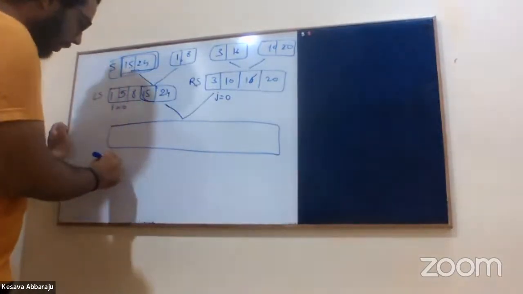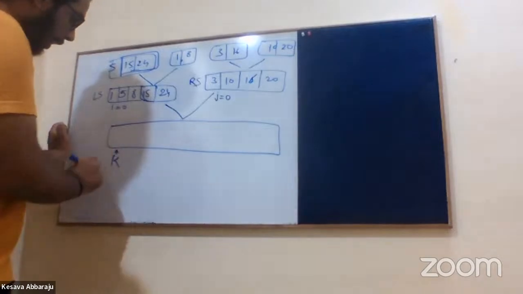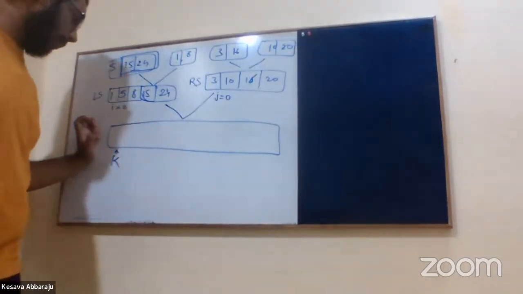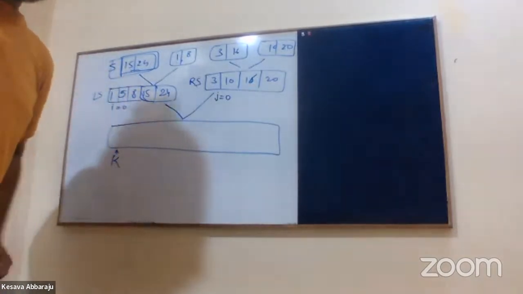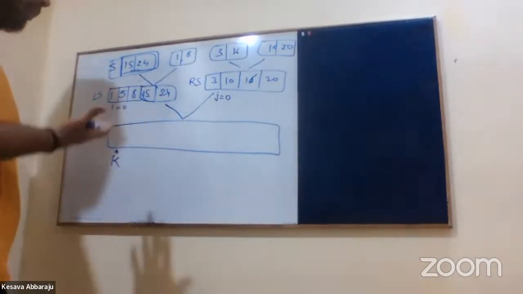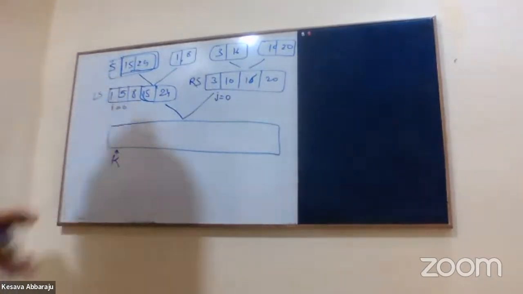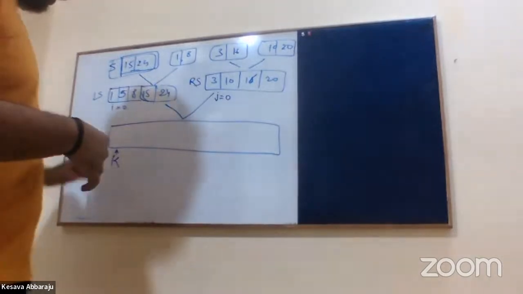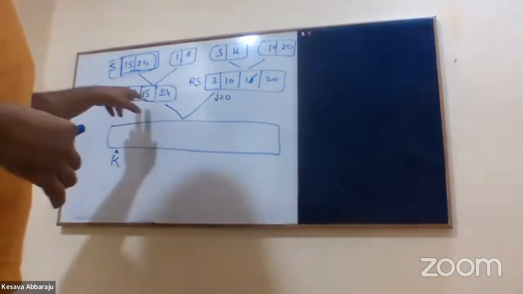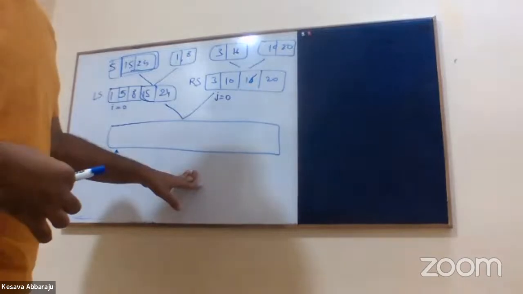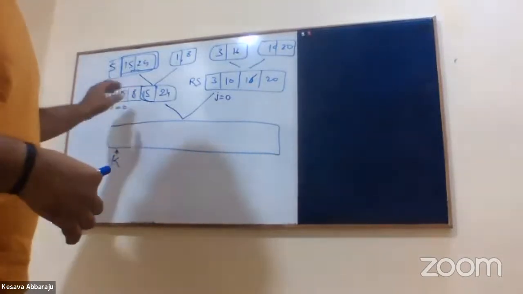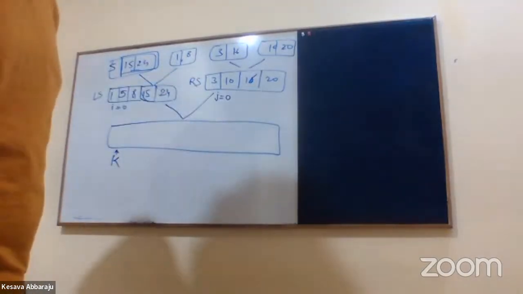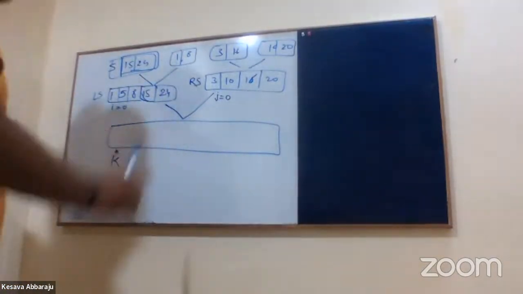I'll also need one more variable k, which represents the array that we are going to merge, the result that we are expecting. Because I need to know when to stop. I'll stop when the length of the result array is equal to the length of the left subarray plus the length of the right subarray. The sum is equal to this length.